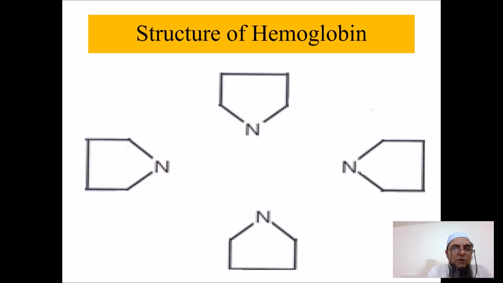So these are the 4 pyrrole rings A, B, C and D. Now these are the inner corners: 1 prime, 2 prime, 3 prime, 4 prime, 5 prime, 6 prime, 7 prime and 8 prime.